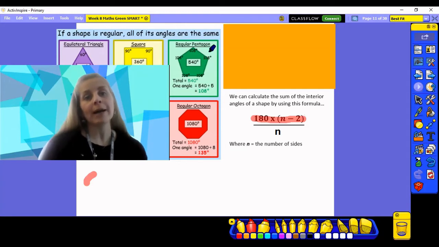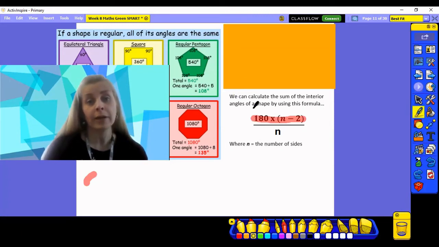If I look back at our pentagon, we actually do know the answer to this, but we can use that to work backwards, so you can see how this formula can be used. So we start with our 180, and we're going to be multiplying it by n take away 2.